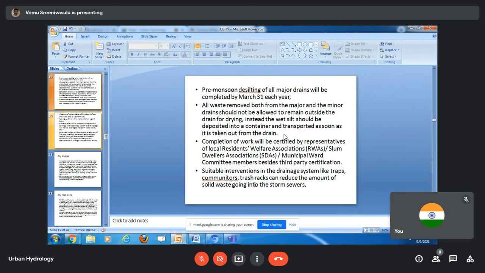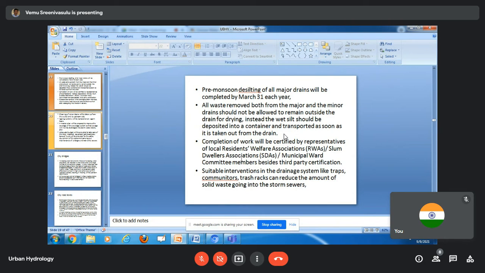All waste removed, both from the major and the minor drains, should not be allowed to remain outside the drain for drying. Instead, the wet silt should be deposited into a container and transported as soon as it is taken from the drain.